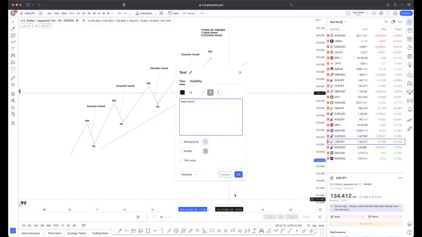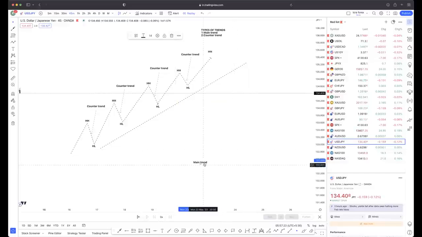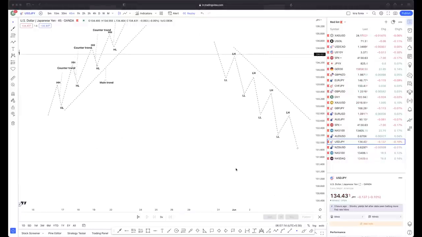Once you understand this simple thing, you are good to go. So this is the counter trend, and this is the main trend in an uptrend structure. So we have the counter trend in between the main trend, that is, it is opposite the main trend.